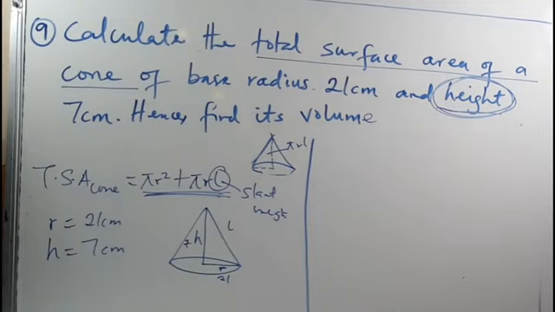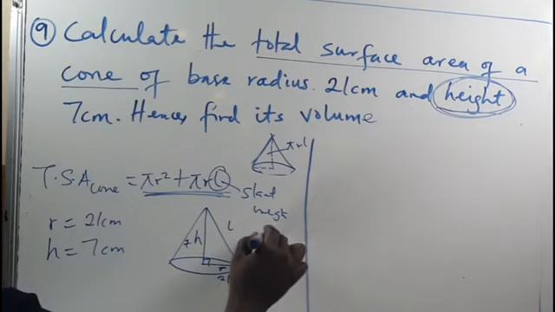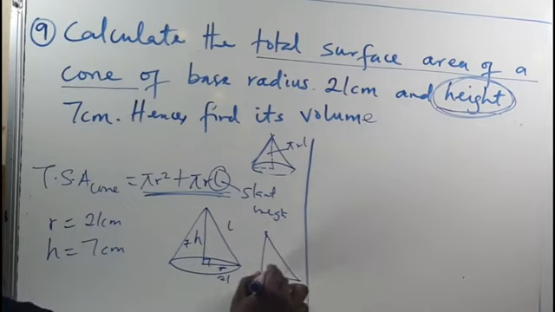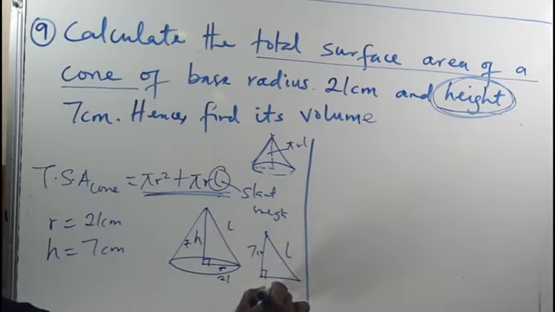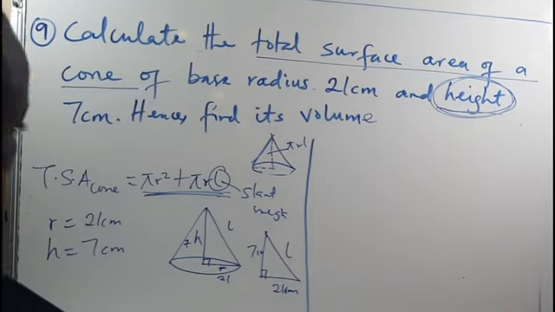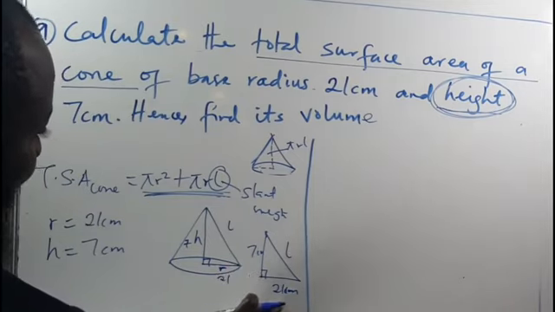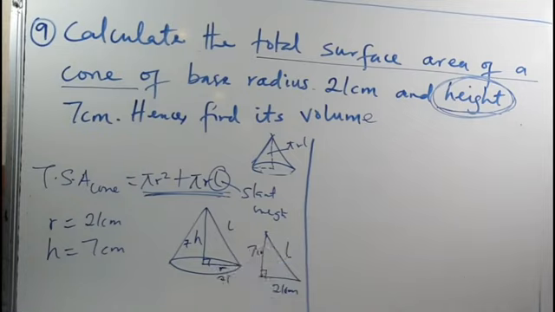This is a right angle triangle. If I bring it out, I have L, 7 centimeters, and 21 centimeters. I need to find L, so I can use Pythagoras theorem. L is the hypotenuse because it is the side facing the right angle.